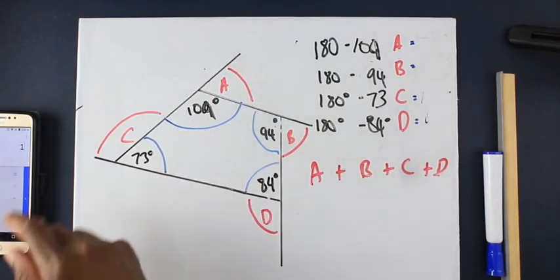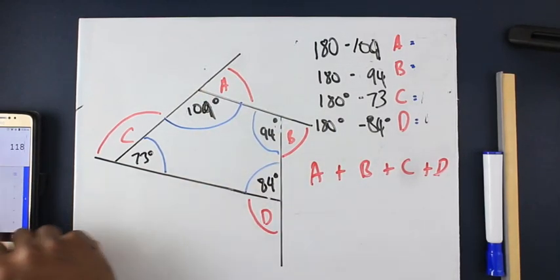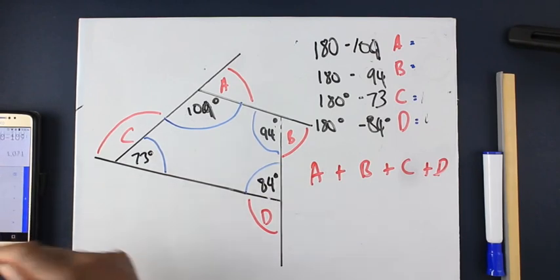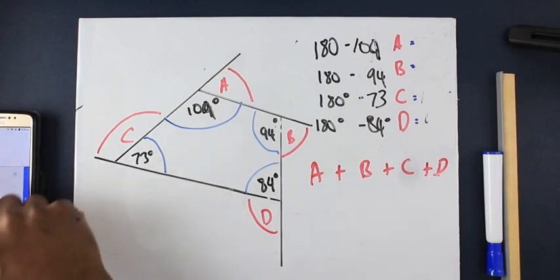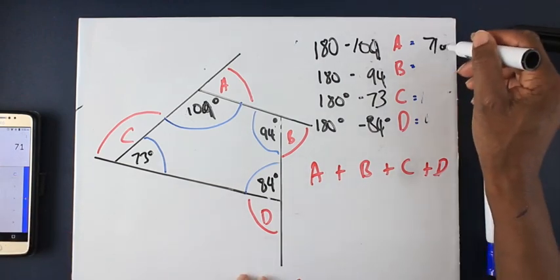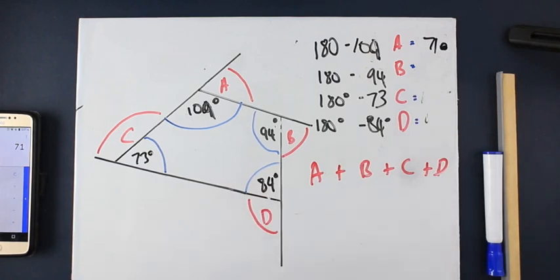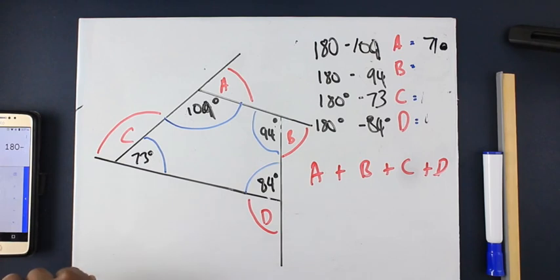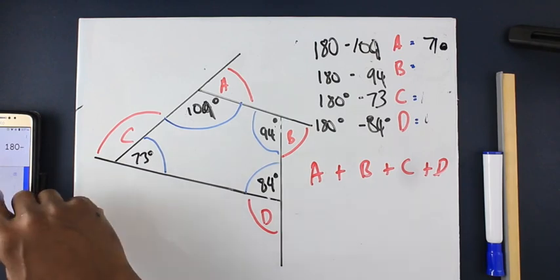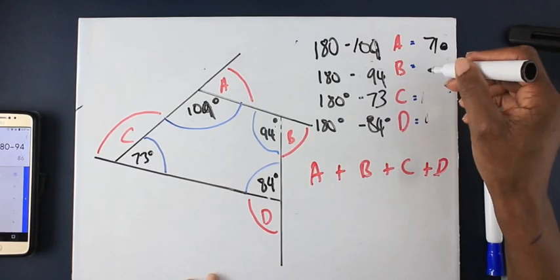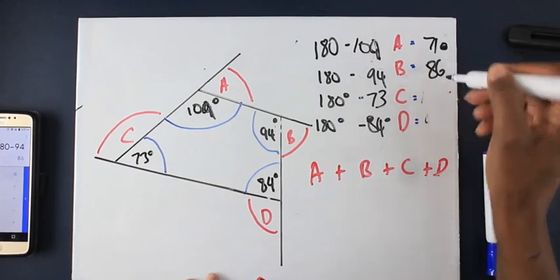So our first angle is 109. If we do 180 minus 109, that gives us the first angle. A is 71 degrees. B will be 180 minus 94, because 94 is the angle that's adjacent to it, and that turns out to be 86.